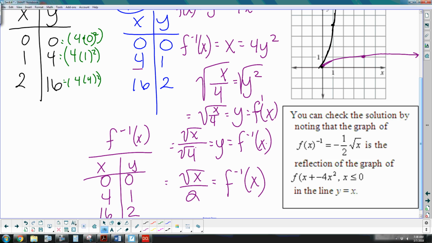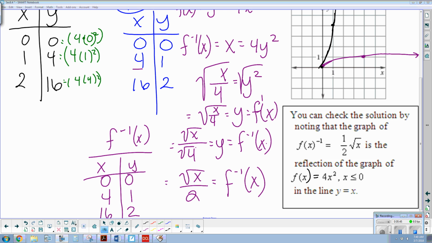So when we're checking our solution, note that the graph of our inverse function, which is the square root of x over 2, or 1/2 times the square root of x, is the reflection of the graph of our original function, f of x equals 4x squared, where x is greater than or equal to 0, over the line y equals x.